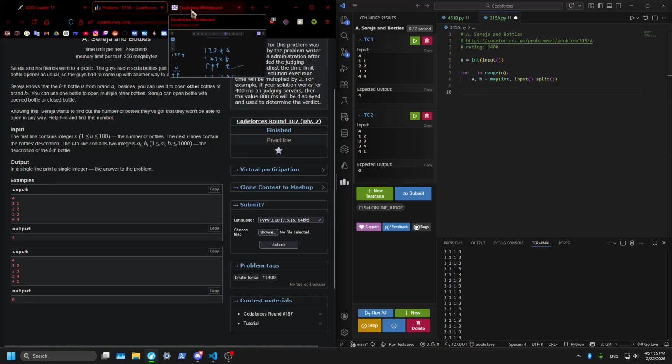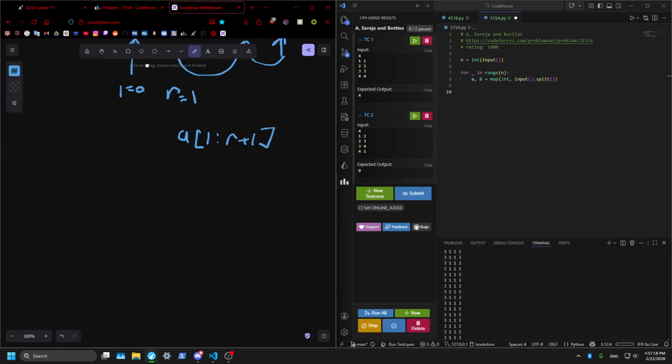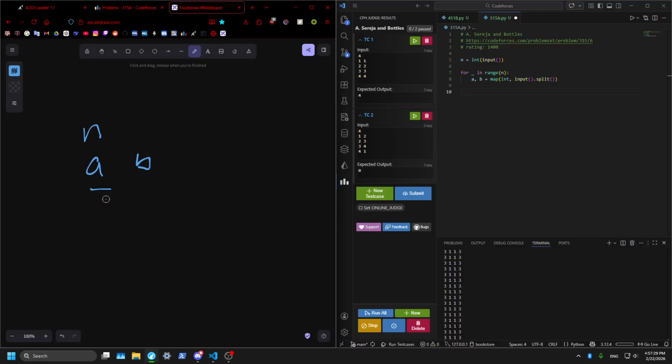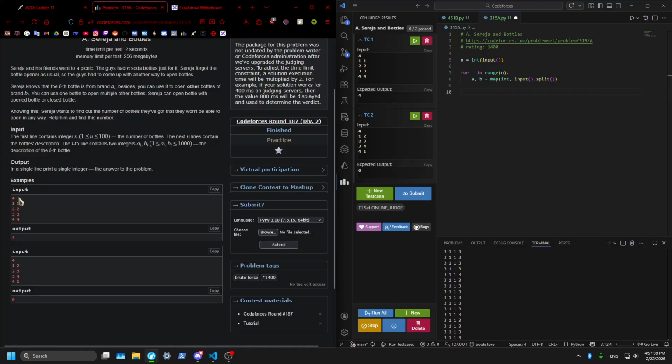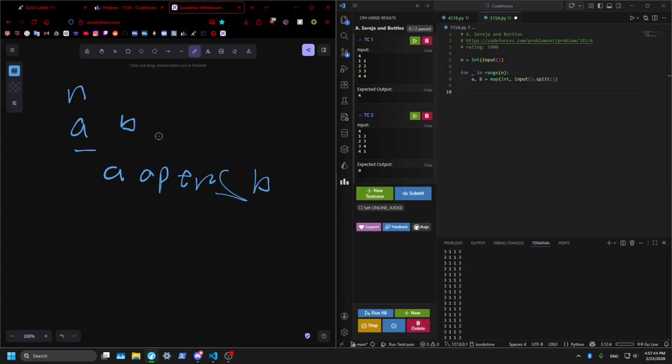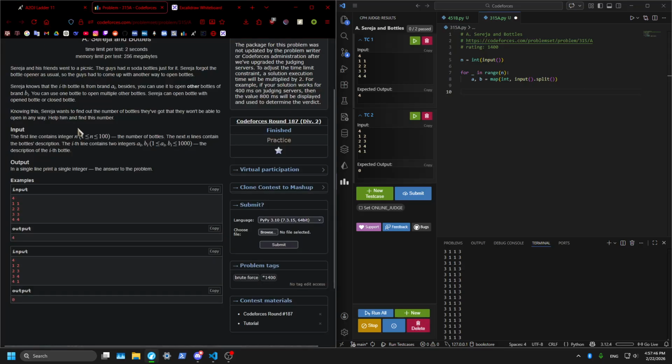So we're given N, number of bottles, A and B. A opens B. But you're saying A can open itself in this case, right?